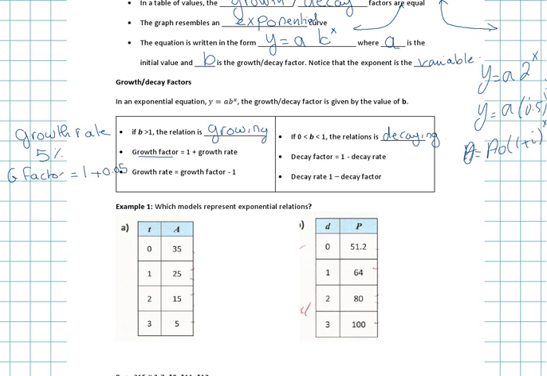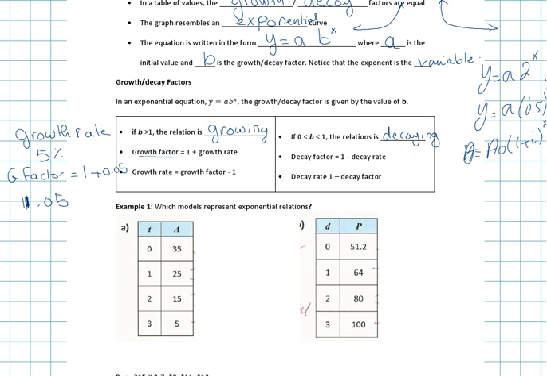No using perfume. Anyway, so if you know what your growth factor is, 1.05, how can you find your growth rate? Minus 1. That's right. So take your growth factor and take away 1 from it, and then you can find the growth rate.